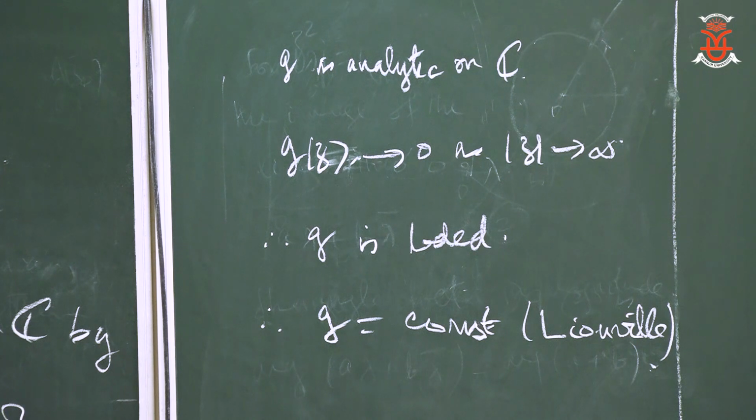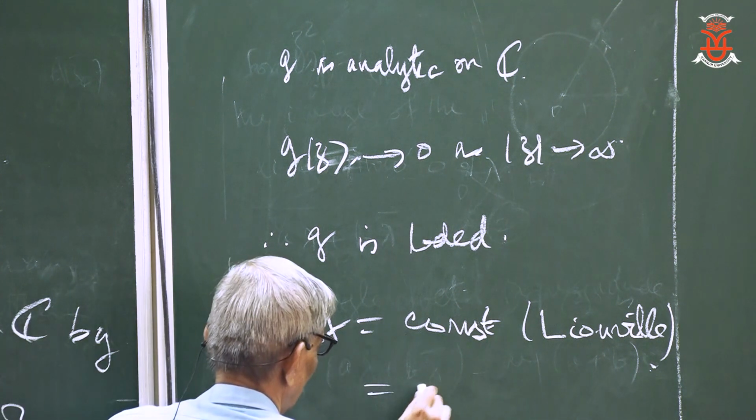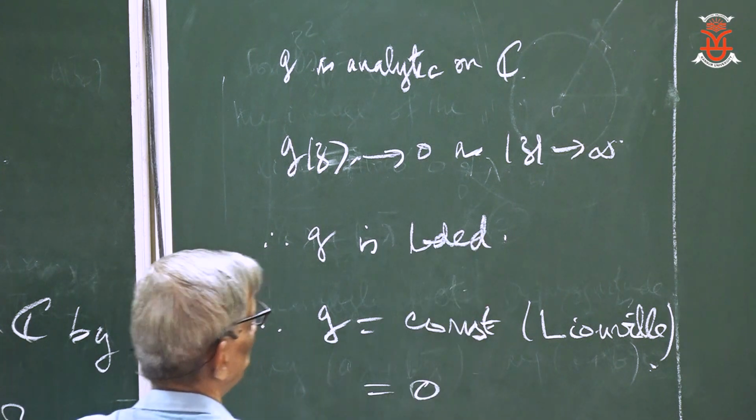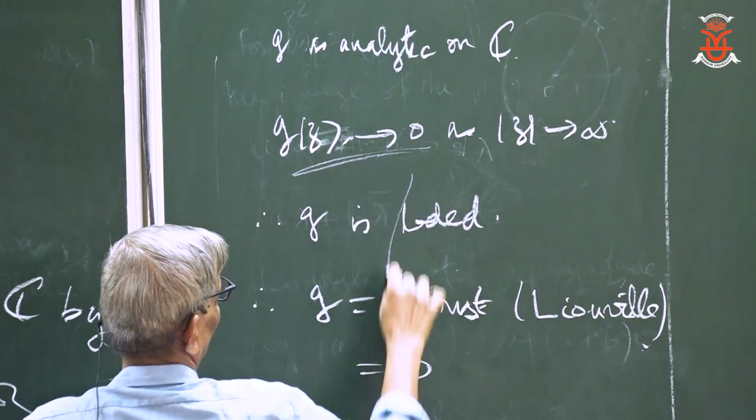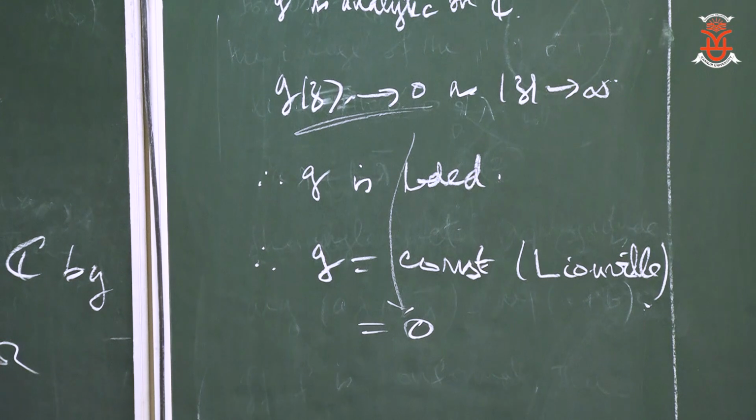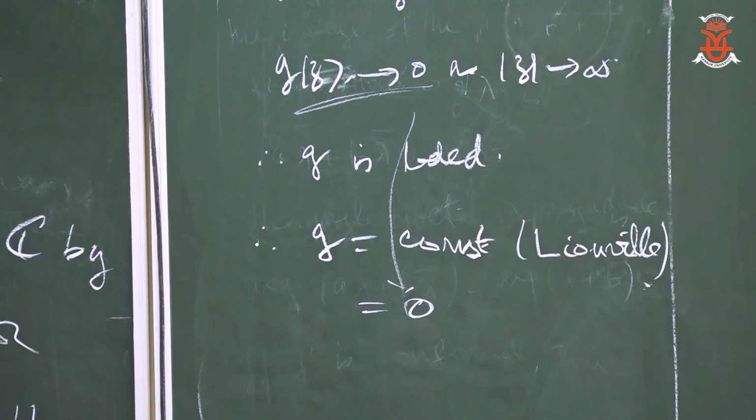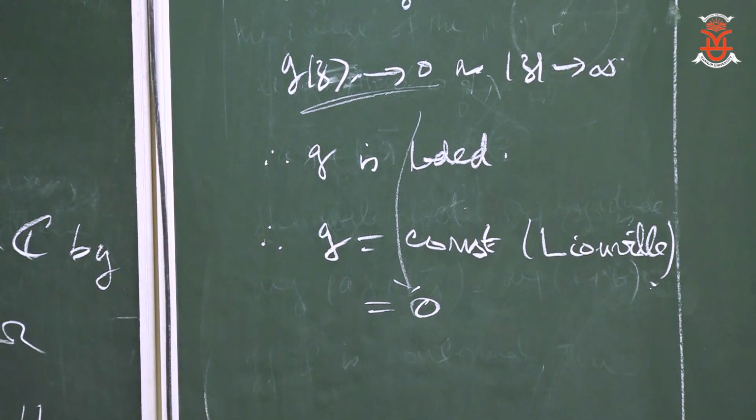So you can't have a non-zero constant going to 0 at infinity, right? So this constant must be 0 because of this. A non-zero constant doesn't go to 0 at infinity. If G is equal to 1 identically, limit at infinity is 1, not 0.